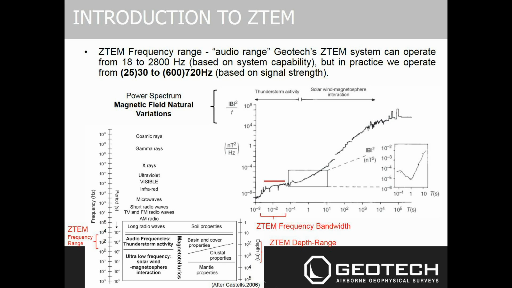We found generally below 20 hertz they're quite unstable, and above 800 hertz we just don't have the signal strength reliability around the world. In spite of this limited frequency range, in general the ZTEM has a very favorable 30 to 3,000 meter depth penetration, which makes it an ideal depth penetrating geological mapping tool.